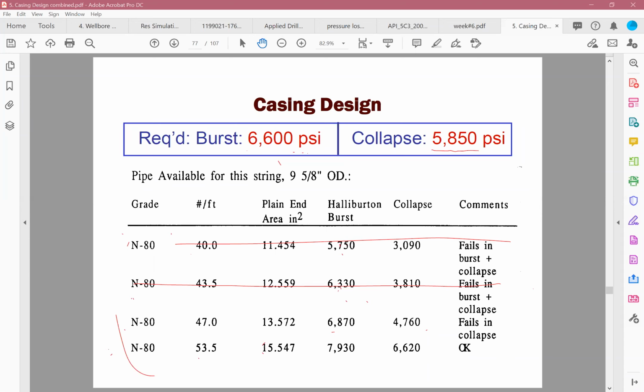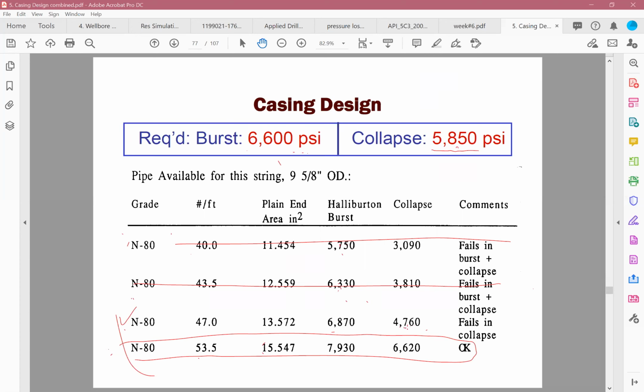So if you look at the collapse, you will see that this one doesn't satisfy the collapse requirement because your collapse requirement is 5,800 psi, but this one can only resist up to 4,760 psi. Okay, so you have to use this casing for the bottom of your wellbore at least, right? So we mentioned that, okay, so this one satisfies the burst requirement for all depths, right?